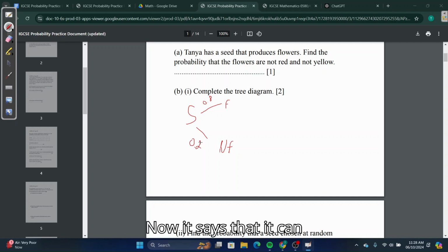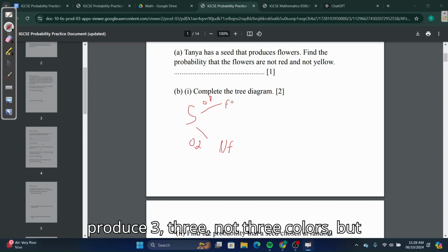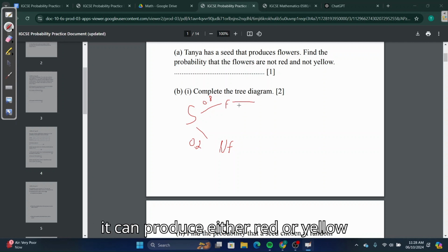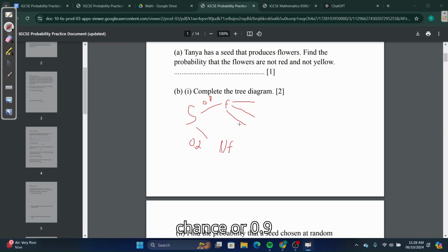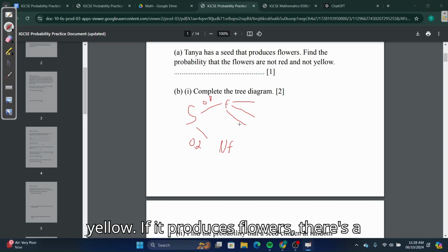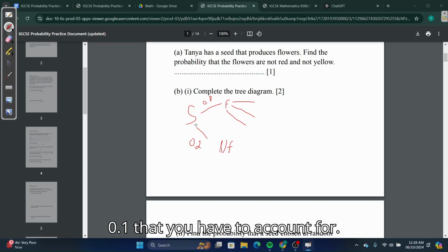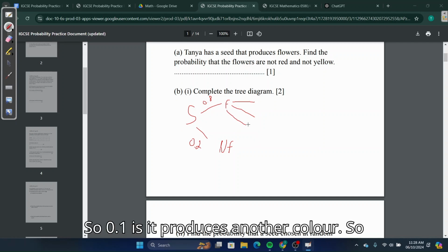Now, it can produce either red or yellow, or other colors, because there's a 0.9 probability that it produces red or yellow if it produces flowers. There's a 0.1 that you have to account for. So 0.1 is it produces another color.